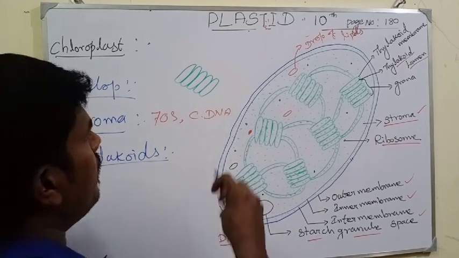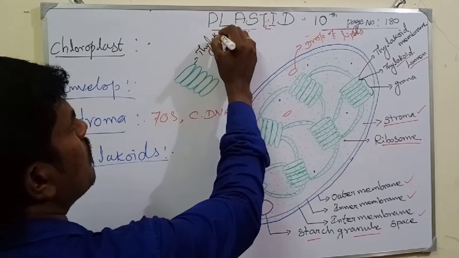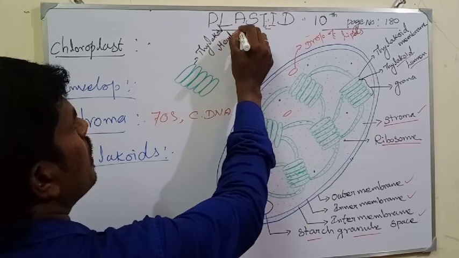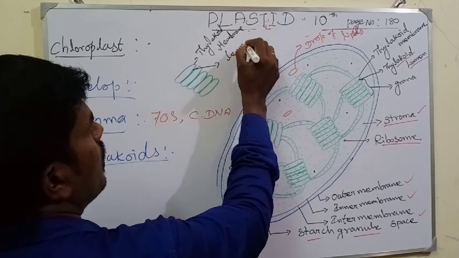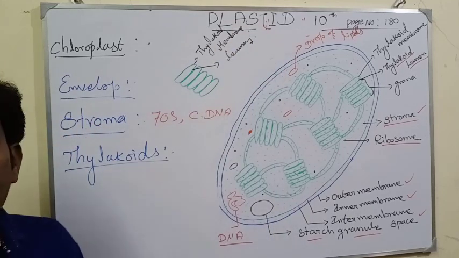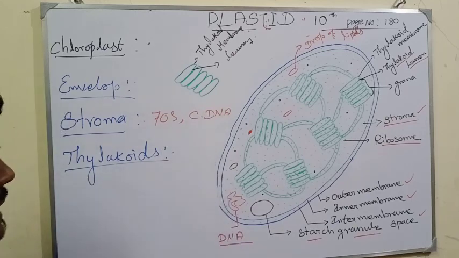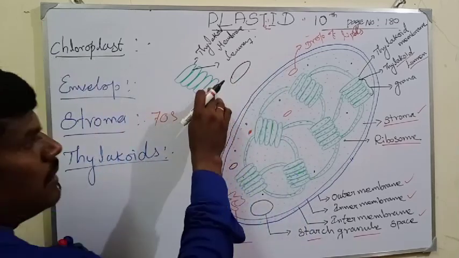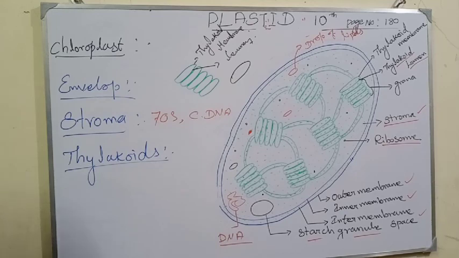This is the thylakoid membrane. And this is the thylakoid lumen. And then the thylakoids form a stack of disc-like structures. Disc, you know, like a CD disc. Like that they are present in that structure. This is the thylakoid. And then grana.